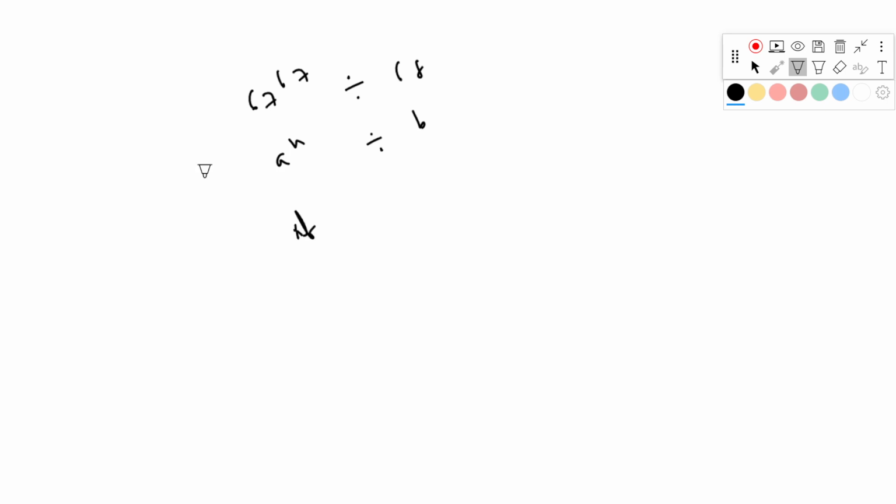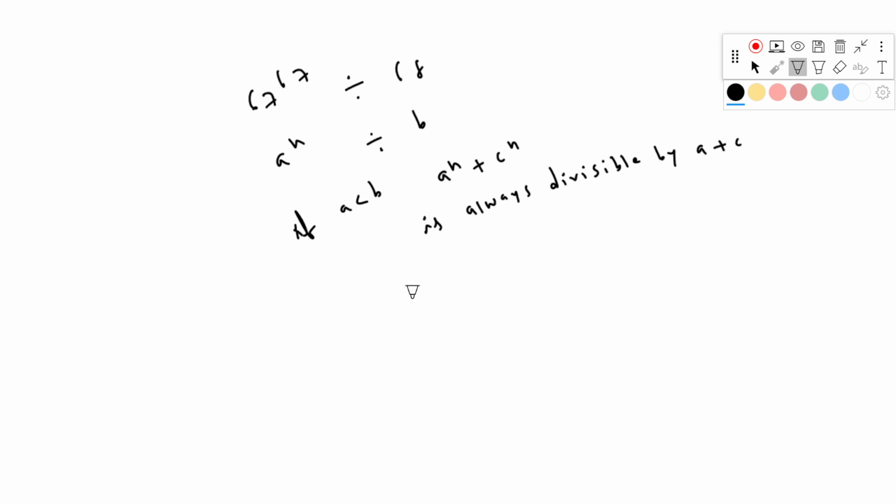So if a is less than b, remember, I'm giving one rule here: a power n plus c power n is always divisible by a plus c. Okay, so remember this rule. This rule is very important.